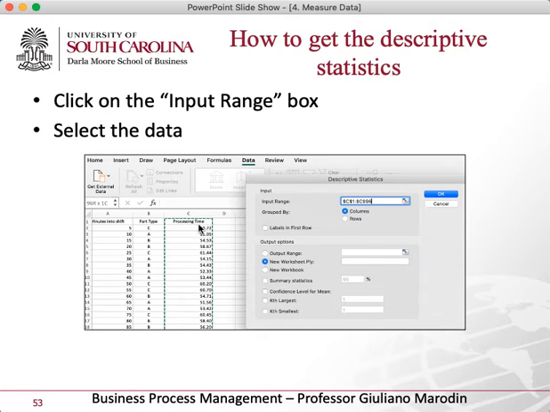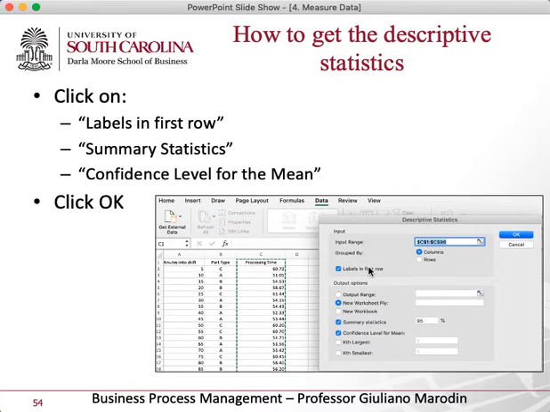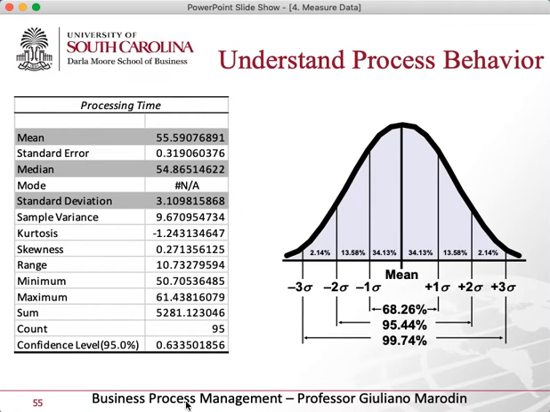If you select with the first row, you have to say labels in first row. I click summary statistics, confidence level 95%, and the confidence level for the mean as well. We're going to use that. Click OK, and then you have this beautiful chunk of information to use to understand the process.